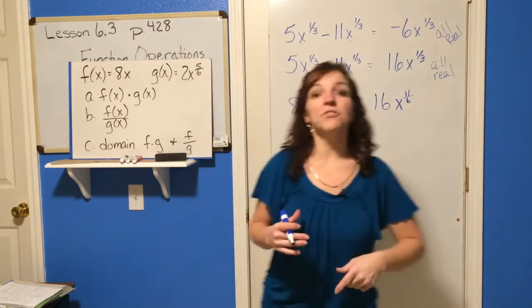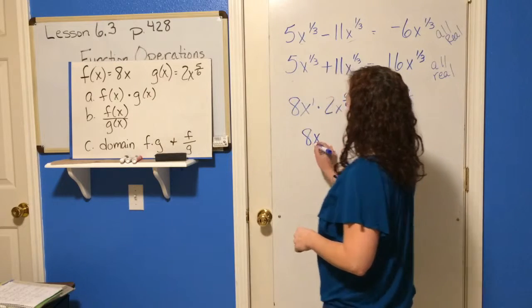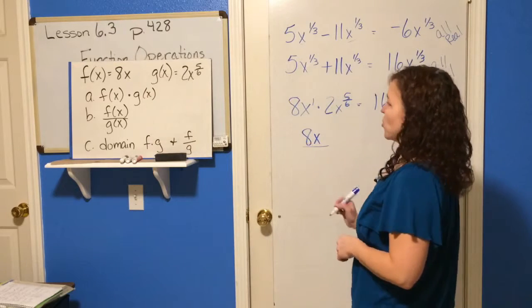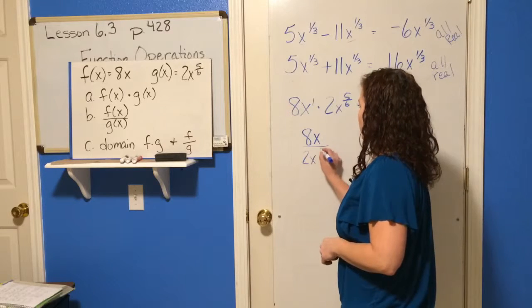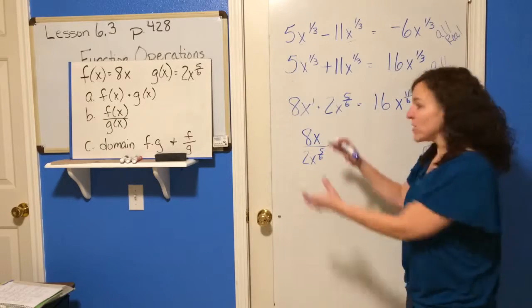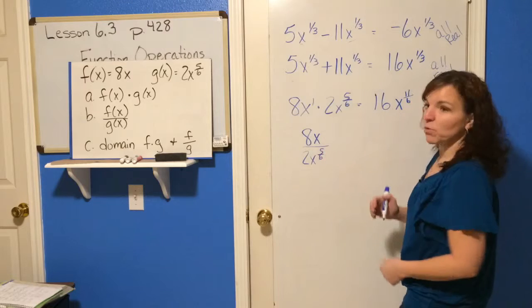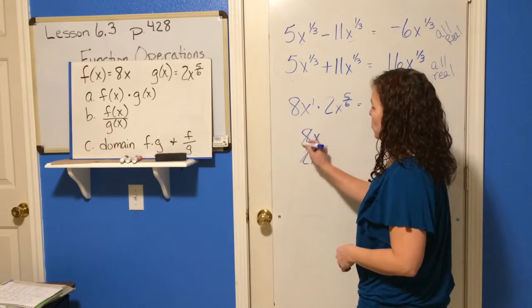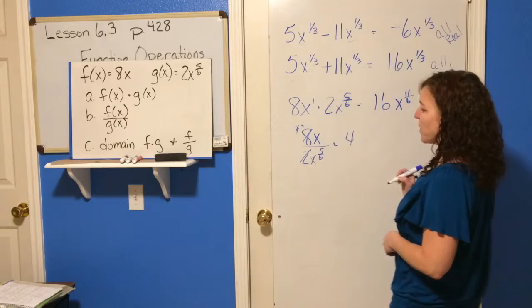All right, so let's divide them. For b, we're going to divide them. So the 8x is your function f, and your function g of x is 2x to the 5/6. So this is now a problem exactly like what you've done in previous sections. You're simply going to reduce this. The 2 is in 8, which is 2 times 4, so the 2's reduce and leaves you 4 on top.